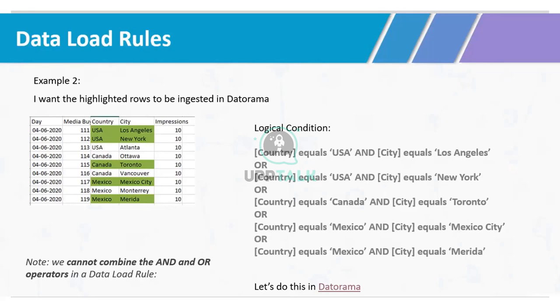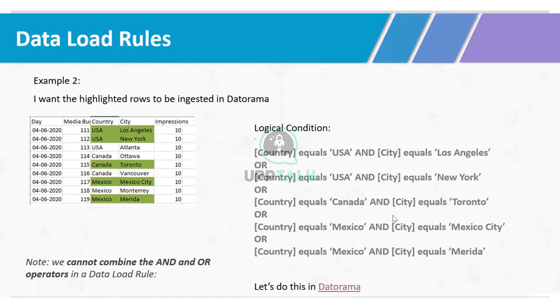When the next rule comes up where country equals Mexico and city is Merida, you don't have any more data left because the first data load rule has filtered the data for US and Los Angeles. You cannot do multiple data load rules.